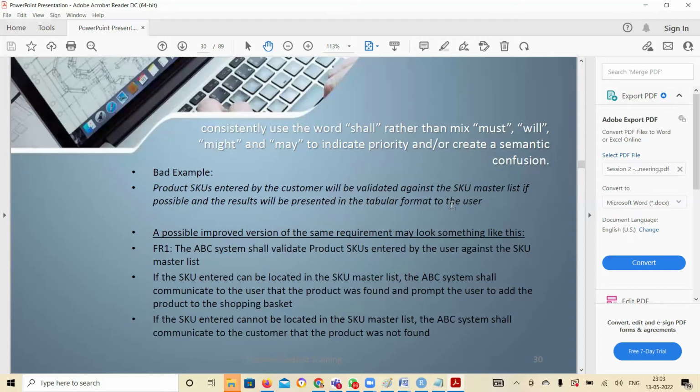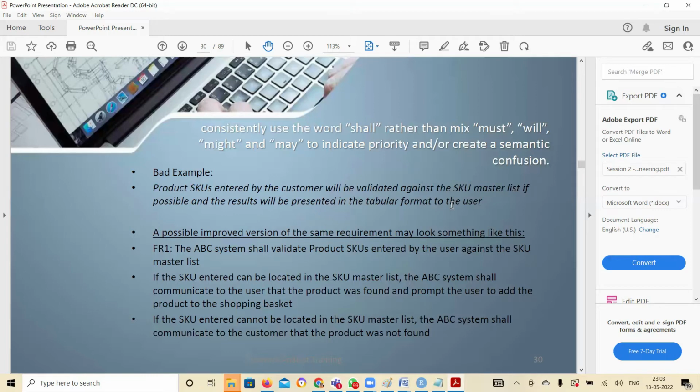So after entering the SKU, if it is found in the master list, the system needs to communicate to the customer that the product was found and prompt the user to add the product to the shopping basket. It needs to notify the customer.